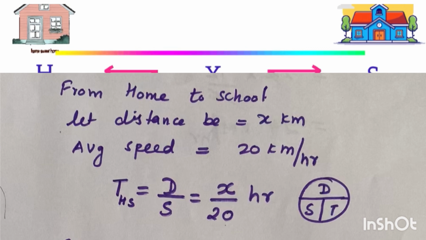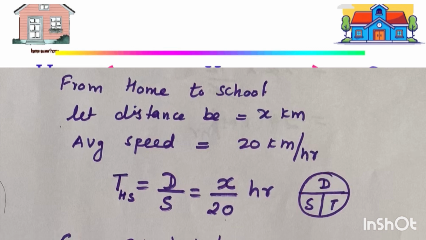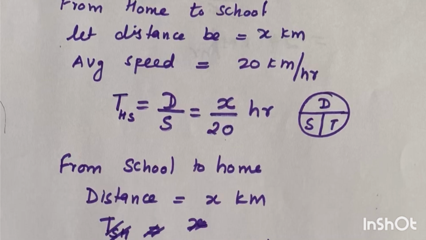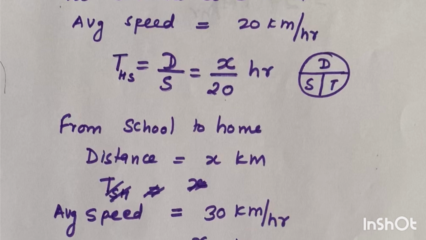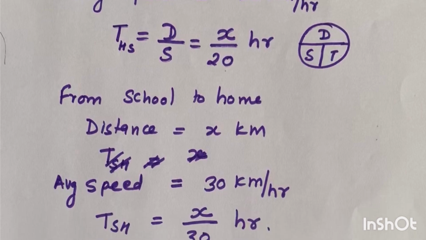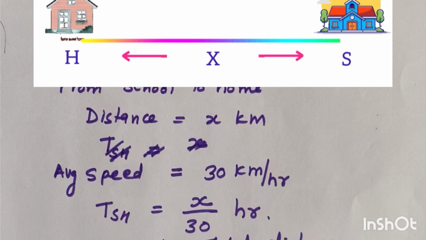You can use DST if you don't remember formula. You can use that to get time equals to distance upon speed. Now from school to home, distance is again x kilometer, distance is same. Average speed is 30 kilometers per hour. Therefore time taken by him to move from school to home is distance upon speed, that is x by 30 hours.